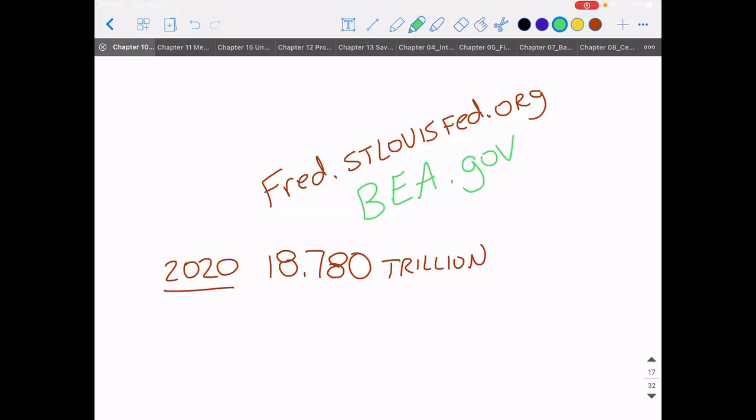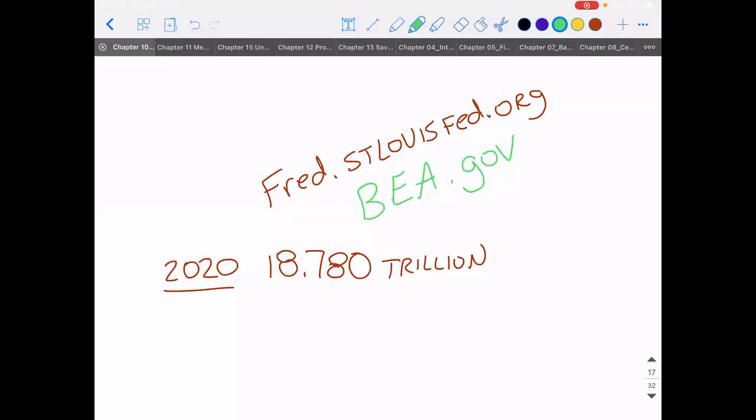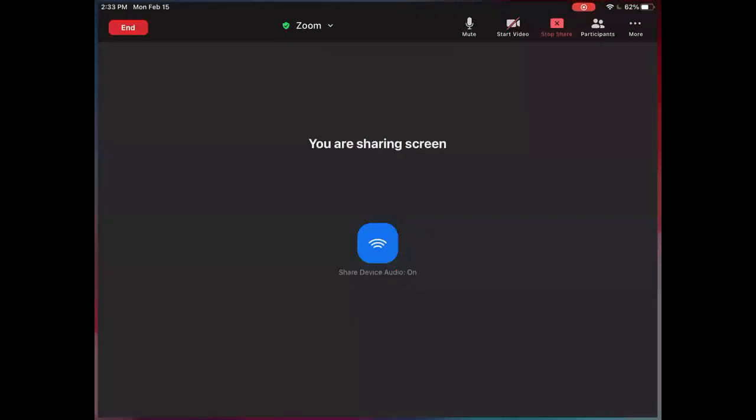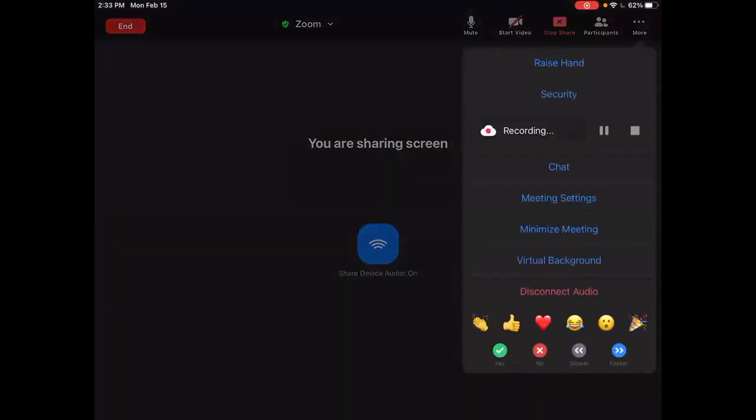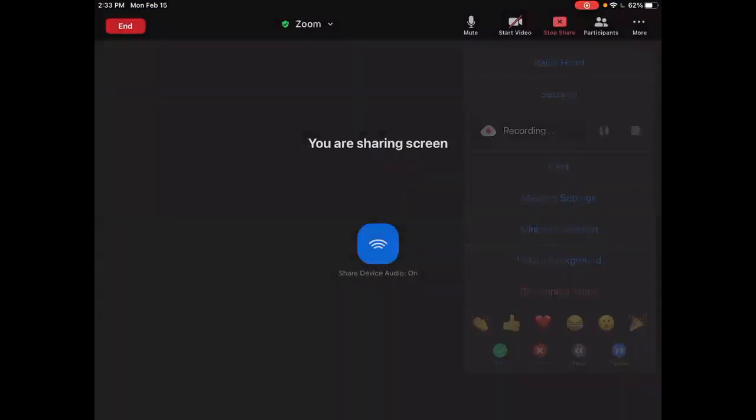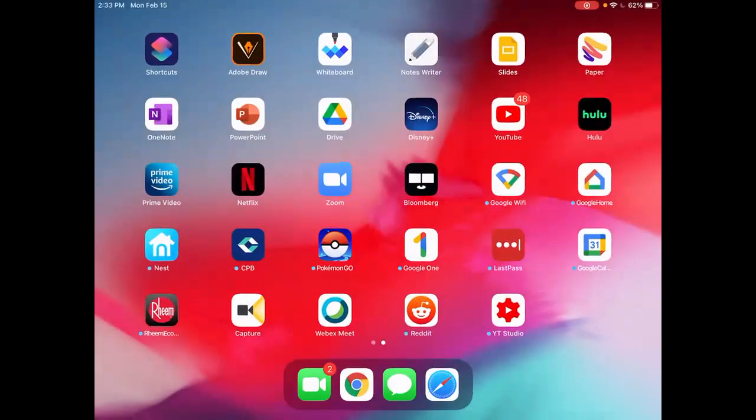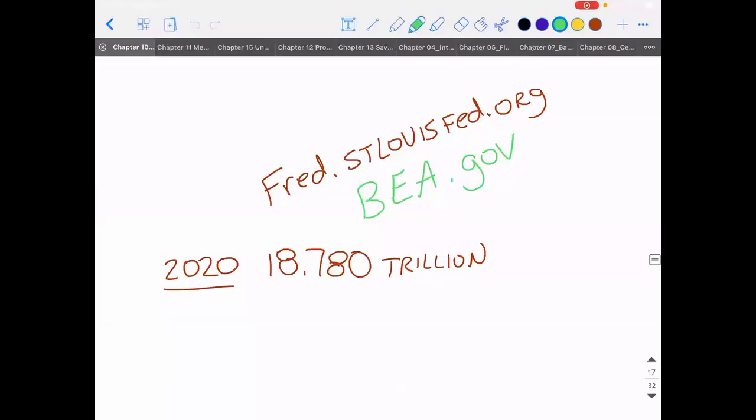Oh, this is really bad data. I'm going to pause this while I find the data here. One second. Of course, right after I paused it, I found the information. So I'm getting it from the bea.gov website here.